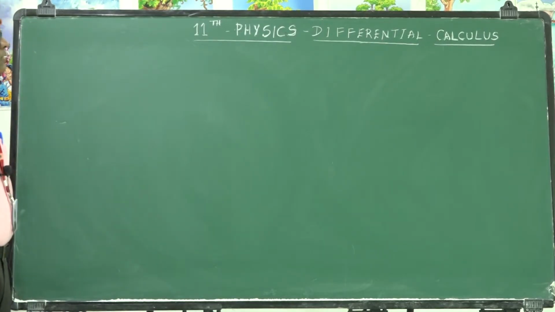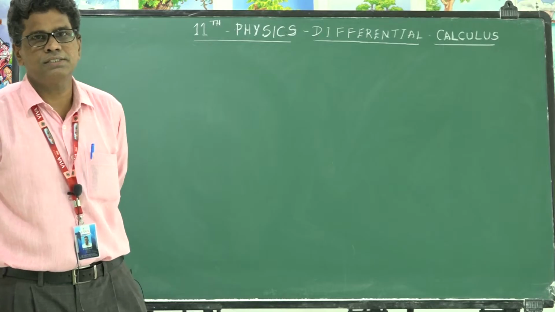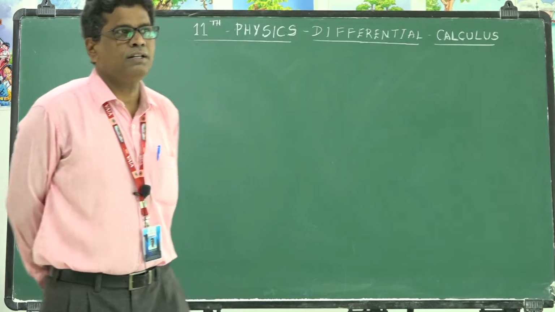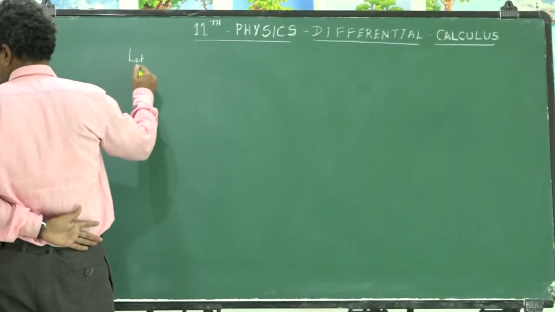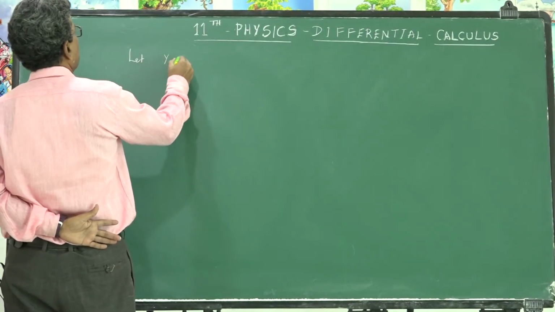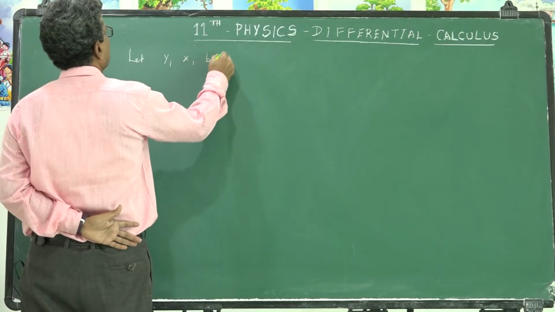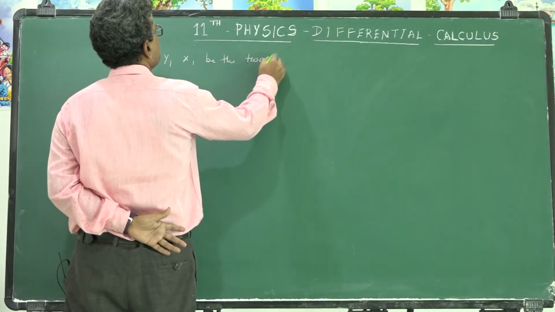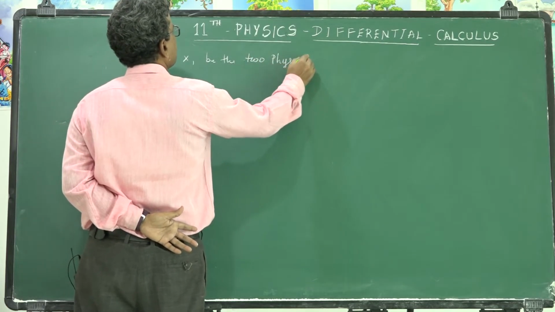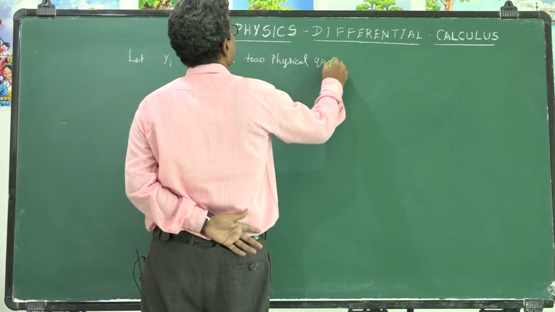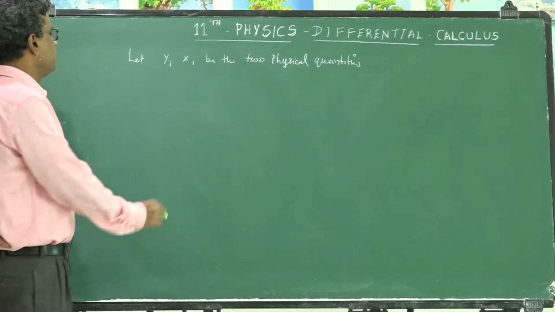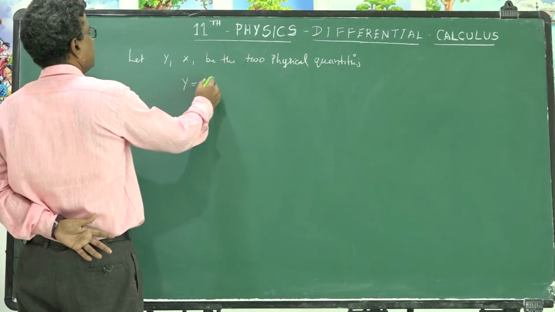Okay. Suppose there are two physical quantities, one depends on another. So if one varies with respect to the other, let y and x be the two physical quantities. This physical quantity y depends on x.